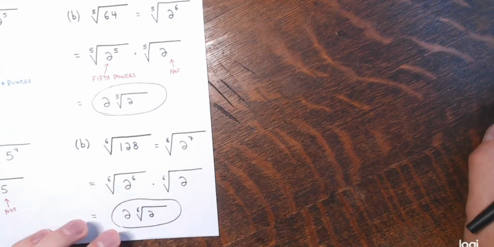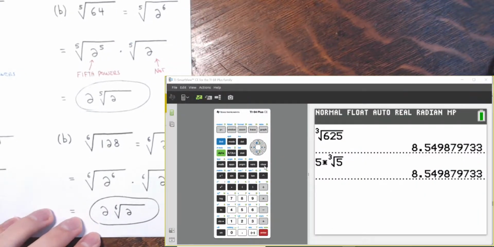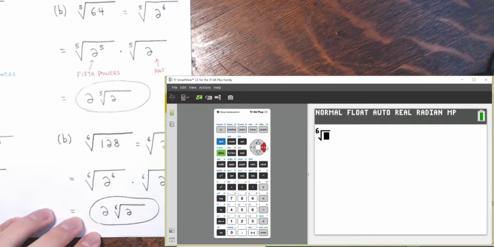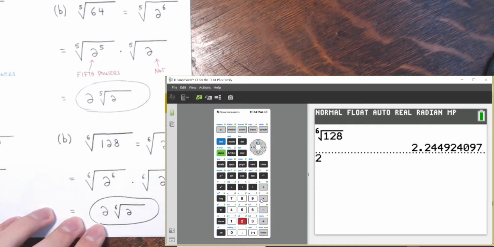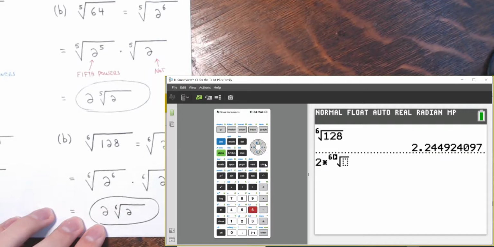And we were given the sixth root of 128 to start. And so this is 2 point something. And we said that that was equal to 2 times the sixth root of 2. And indeed they are the same number. Fantastic, right? Great job.